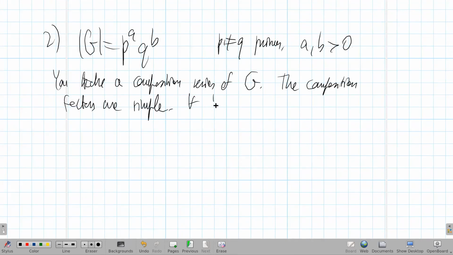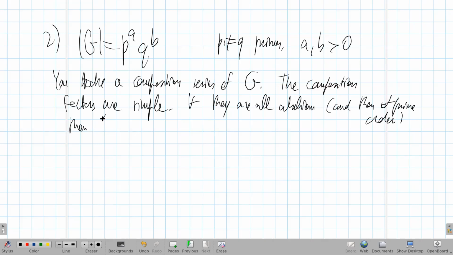If they are all abelian, and then of prime order, then G is soluble. We recall that soluble means, one of the equivalent statements, that it has a composition series with abelian factors, okay?